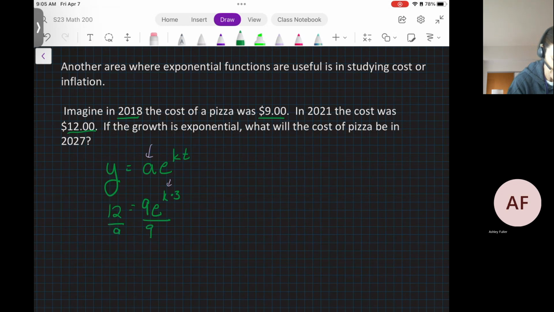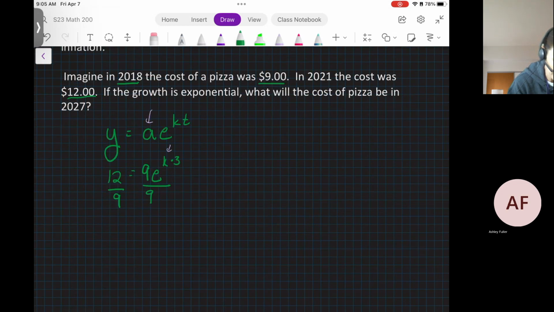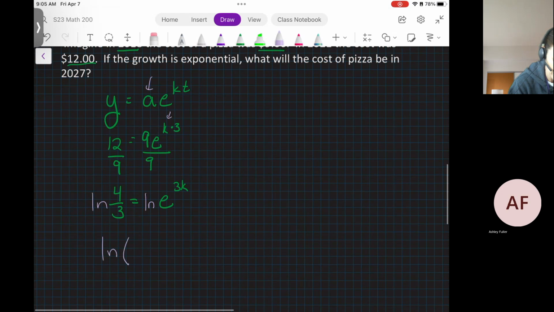I'm going to divide both sides by 9. 12 divided by 9 can be reduced to 4/3, which is equal to e to the, I'm going to bring the 3 out front to make it 3kt. Or I'm sorry, 3k. Take the ln of both sides, and I have the ln of 4/3 is equal to 3k when I bring that exponent out front, ln of e.